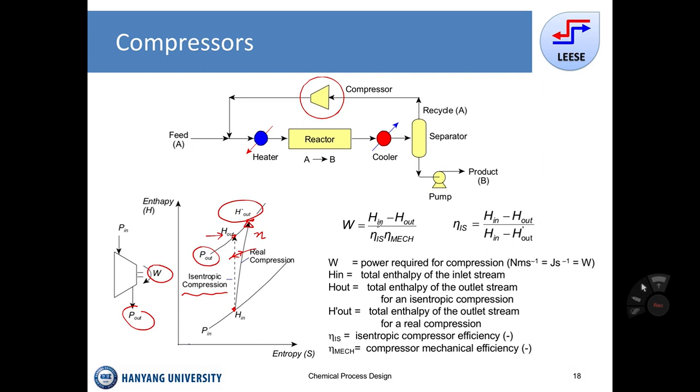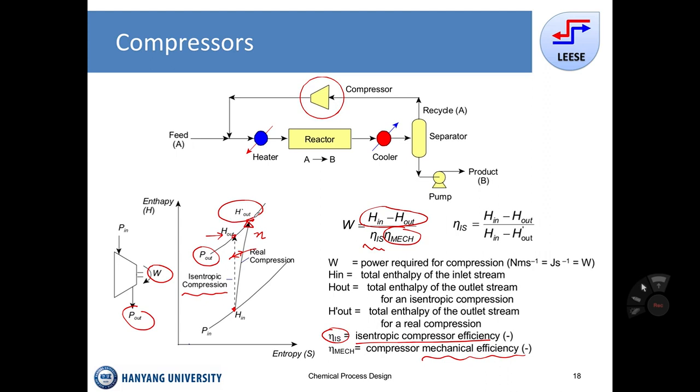From those equations, the enthalpy difference will be estimated with the isentropic difference of the enthalpy, reflected by the thermodynamic efficiency. That is called the isentropic compressor efficiency. We have another efficiency, related to mechanical efficiency.